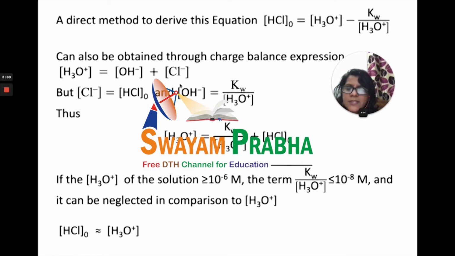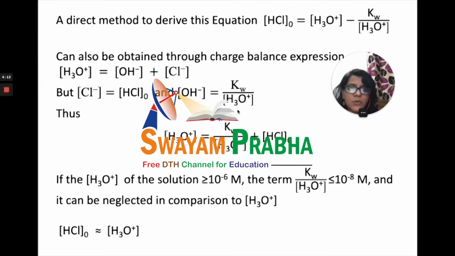Now, where is the Cl minus coming from? Because HCl is a very strong acid, all the HCl has converted into Cl minus. So the initial concentration of HCl is equal to the Cl minus, so Cl minus is equal to HCl naught. And what is OH minus equal to?